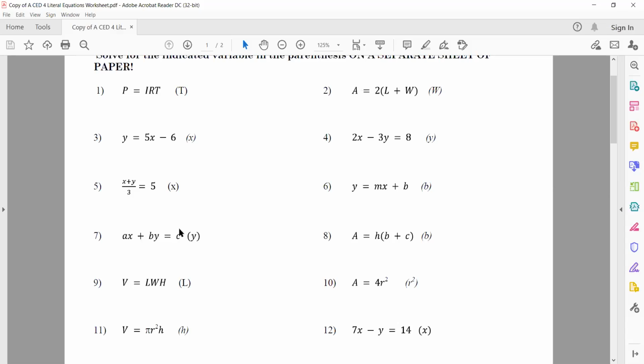And the reason that we do all of this literal equation stuff is because of these two problems. Later on, if we're going to work with an equation like number 6, y equals mx plus b, that means we have a line that we can graph on an xy coordinate.